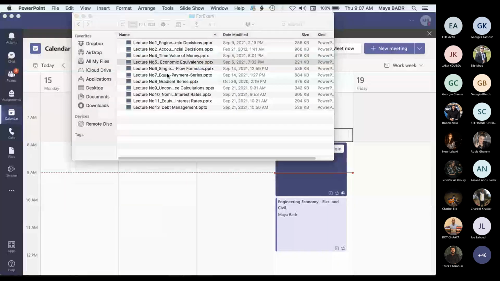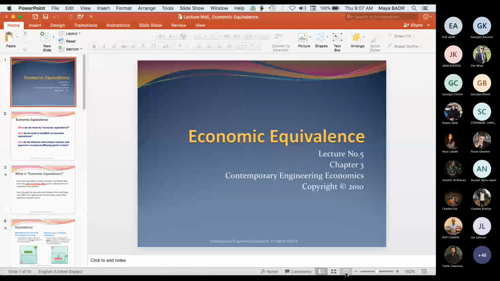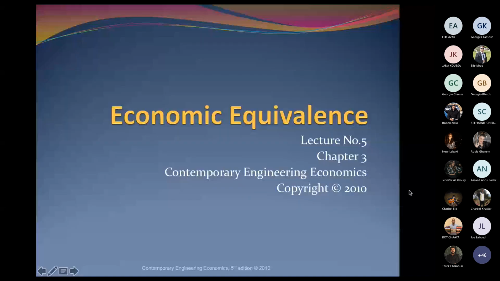Economic equivalence. Now that we understood the value of money, how the value of money is changing, we are ready to learn how to convert or find the equivalent of a cash flow, meaning how to choose any point in time and find an equivalent to an initial cash flow at this point in time.